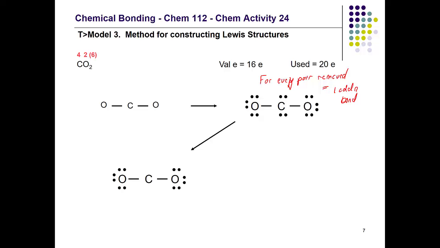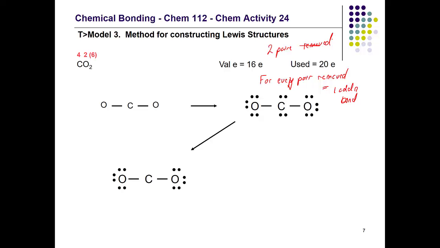Well, in this case, I had to remove 2 pairs. So 2 pairs removed. That means I have to, in a sense, add back 2 bonds. Now, it's not that those bonds come from just anywhere. They have to come from a pair of electrons.